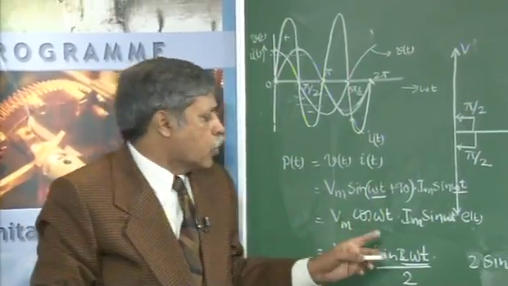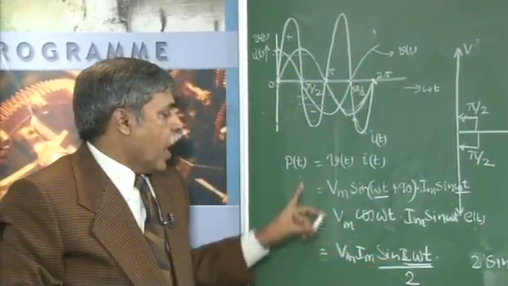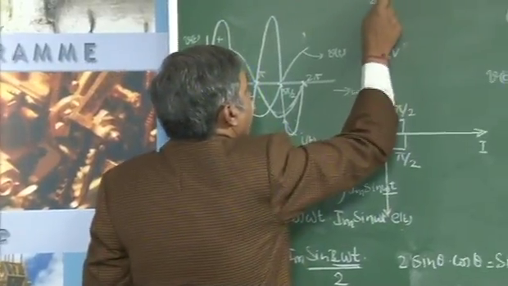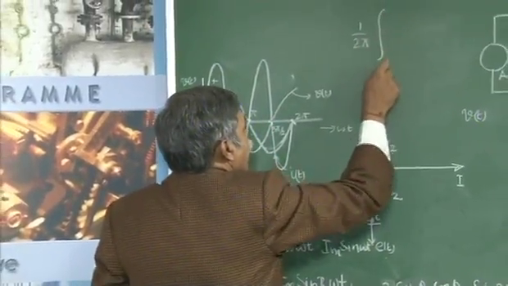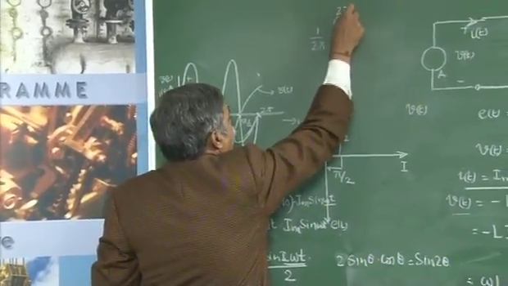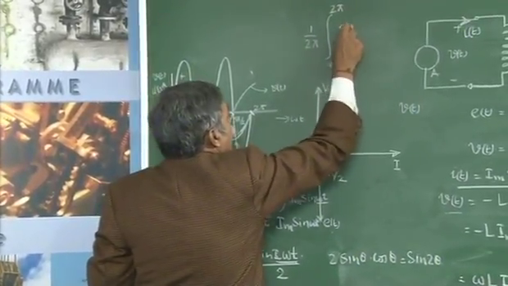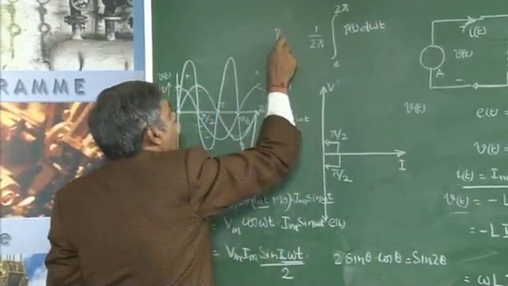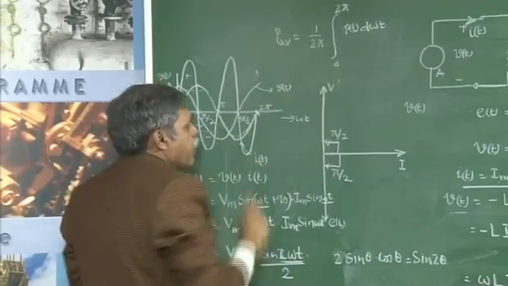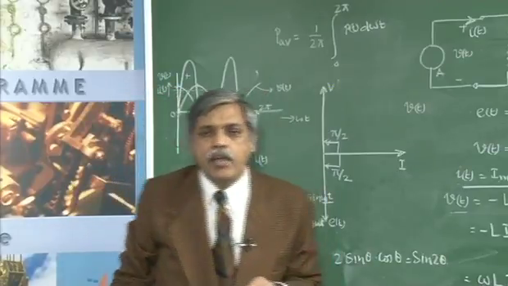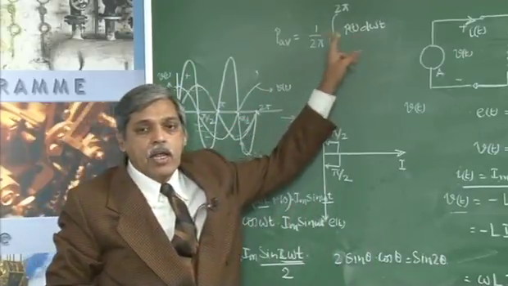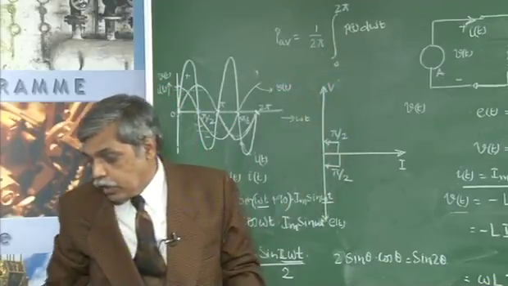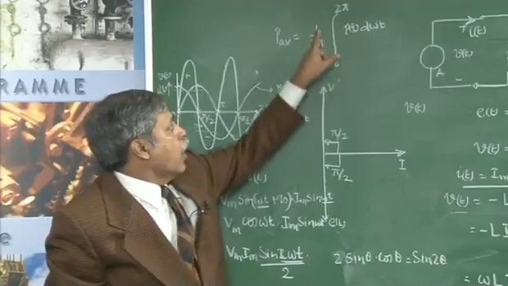This can also be proved by calculating the average value of the power as 1 upon 2 pi integral 0 to 2 pi p of t d omega t. By this equation I calculate the average power, that is the area under the power curve over a cycle divided by the length of the cycle.